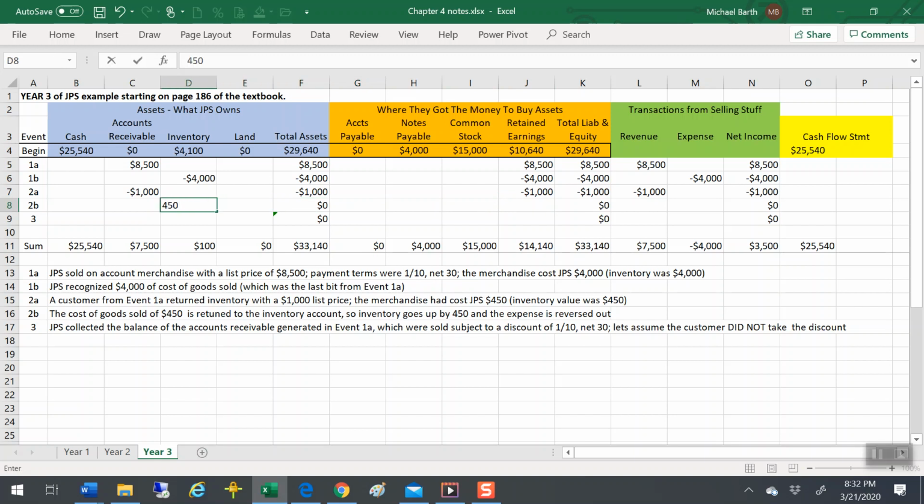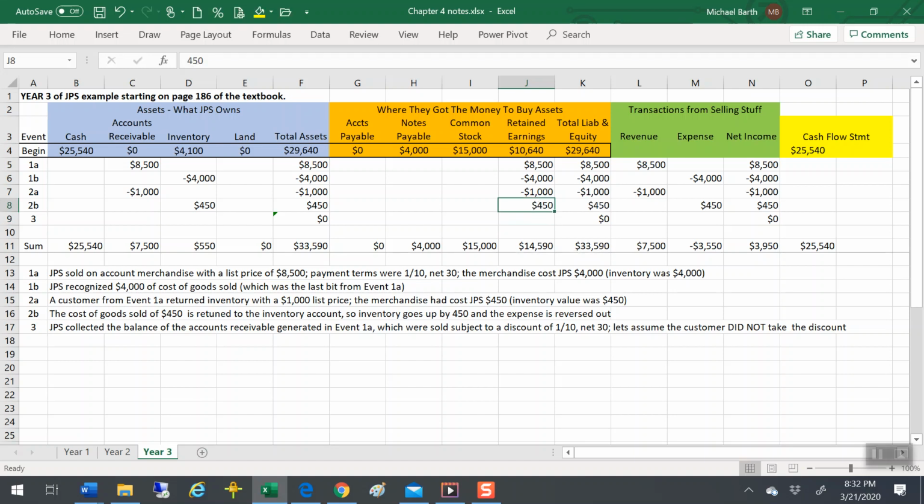Okay, we took out $4,000. We put the $450 back in here. We put the $450 back in here. And put the $450 back in here.